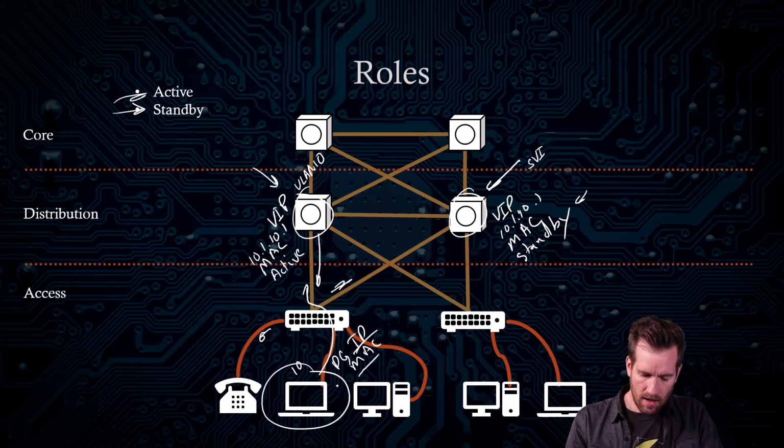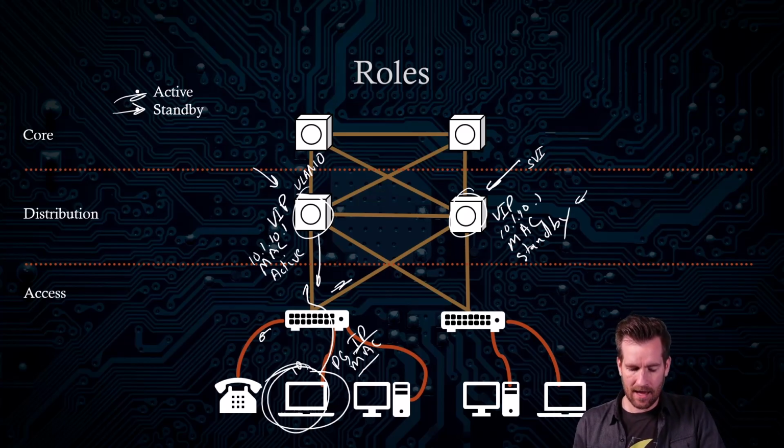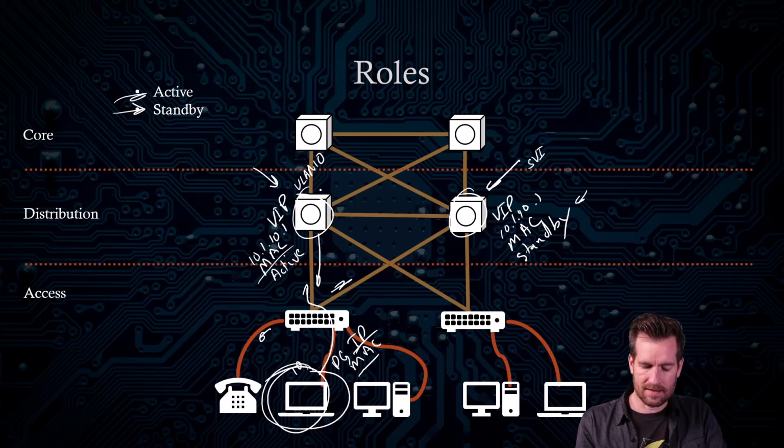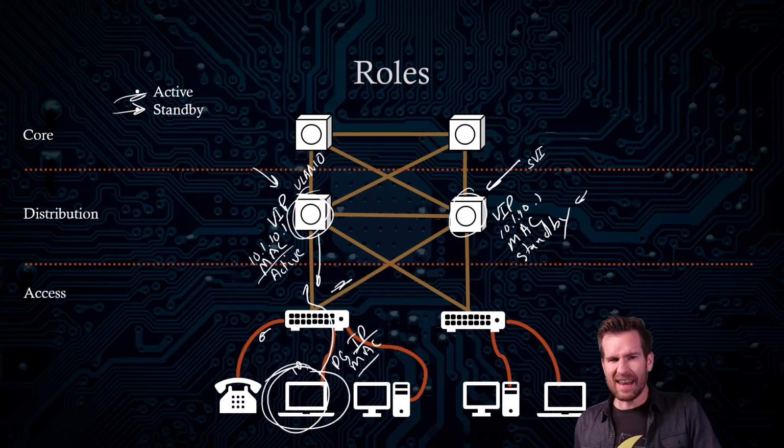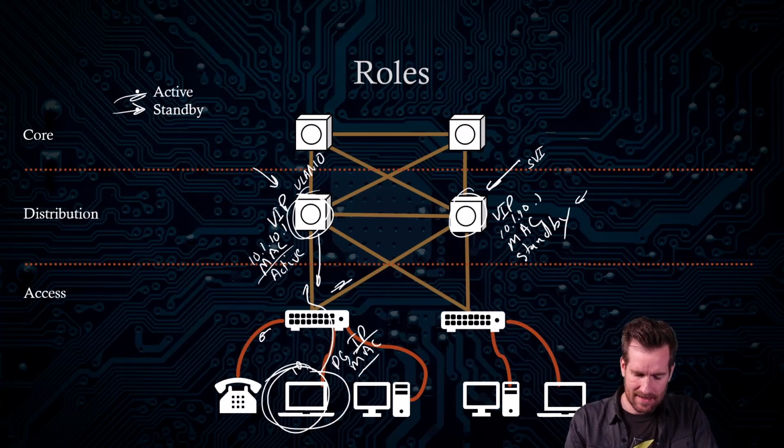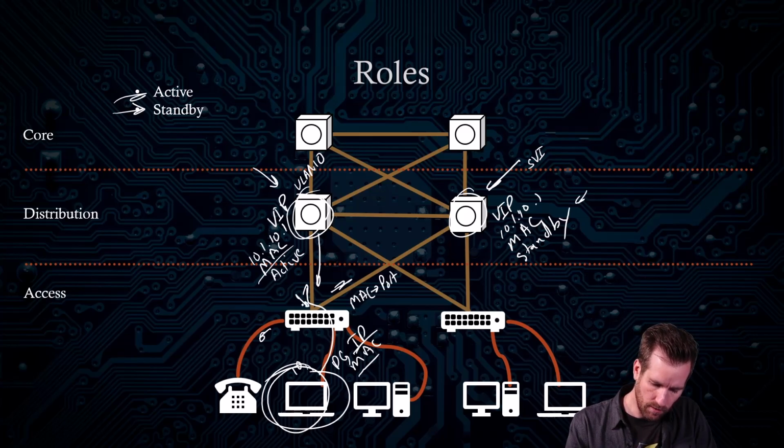So now this device has the MAC address, a virtual MAC address that's shared between these two devices. But another thing that happened during this whole process is that this switch associated that MAC address with the port that it came in on. So this port right here.